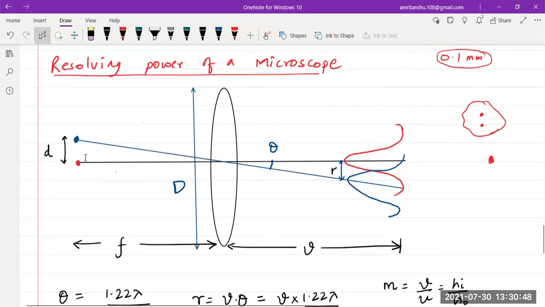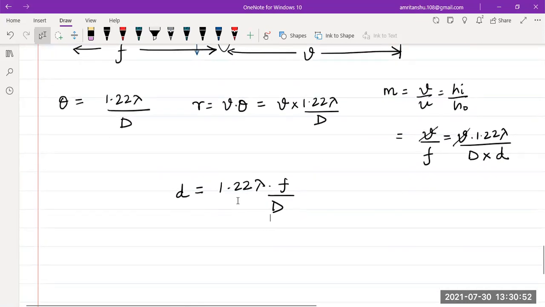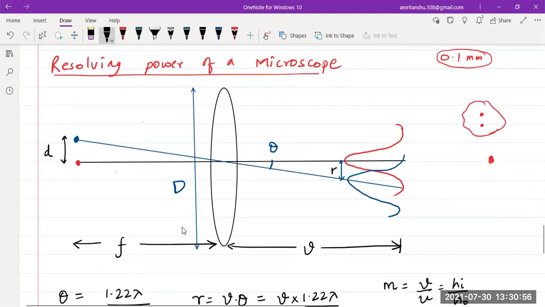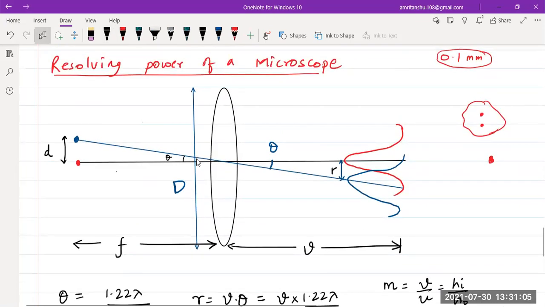I hope this is clear. This happens to be 1.22 lambda f by D. Now if you see, this theta and this theta are almost the same. I'll be doing one more construction here. Let's say I join this line to this line of this lens, and this line to this line of this lens, and say this angle is alpha.